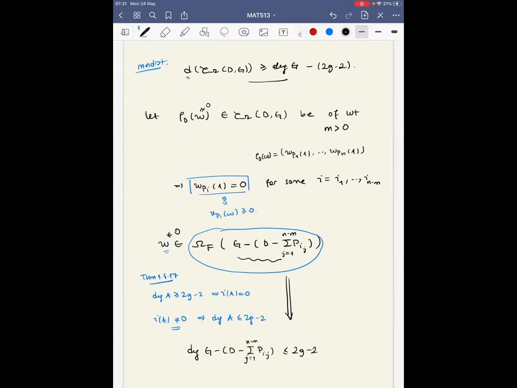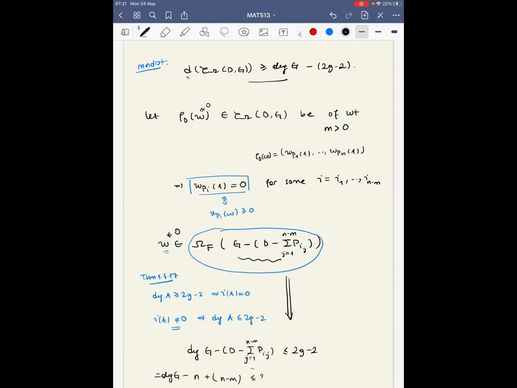And it's just to compute the degrees. So that means we have degree G, and the degree of D is n, because D is the sum of n distinct places. And if we open the parentheses, we can see that the degree of this sum is n minus m, because each Pij is a rational place.